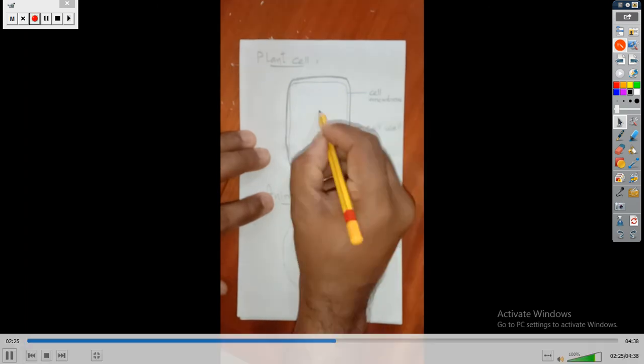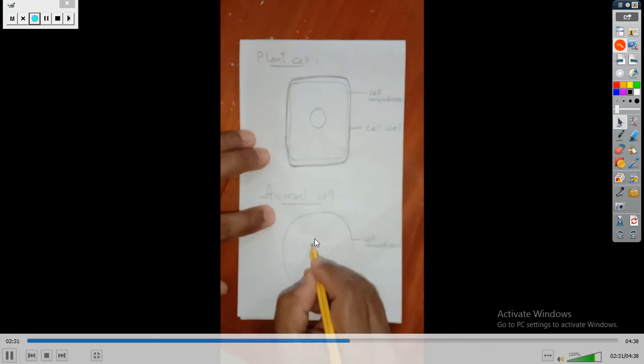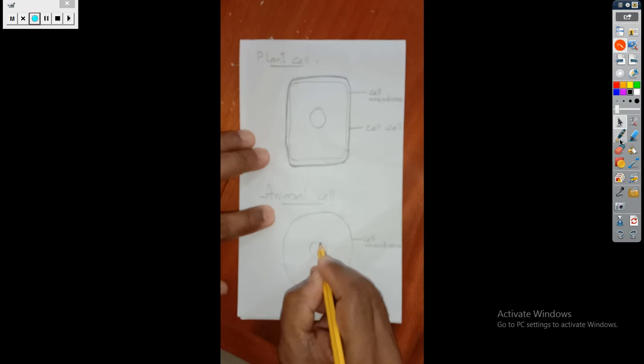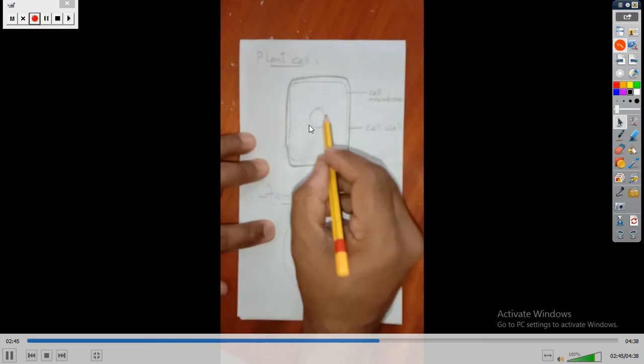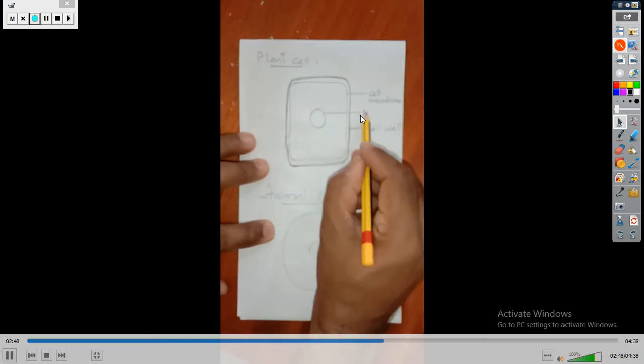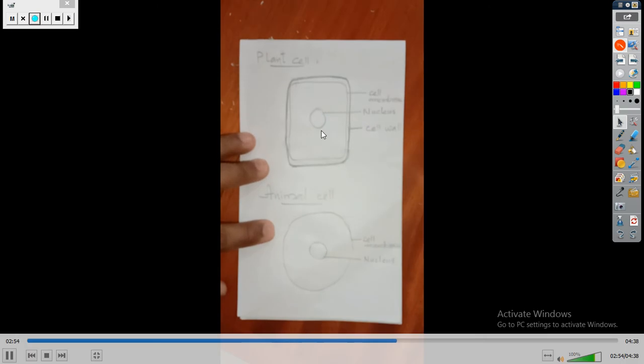Inside the cell we can see a large ball-like structure in the plant cell and animal cell that is called the nucleus. The nucleus is a spherical structure found at the center of the cell. What is the use of the nucleus to the cell?